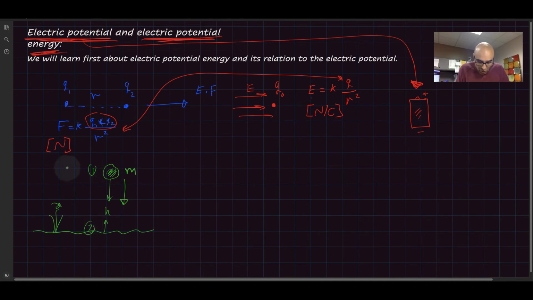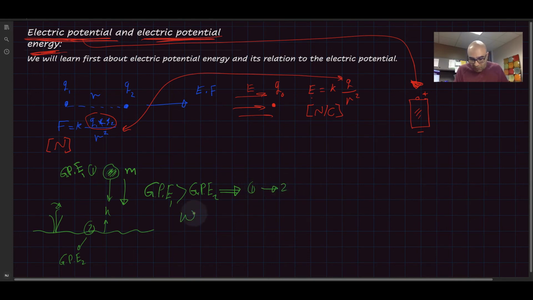So maybe I should call this gravitational potential energy. Since it's point 1, I'm going to call it GPE1. And this point here is the gravitational potential energy at 2. So GPE1 is bigger than GPE2, and thus the mass moved from point 1 to point 2.